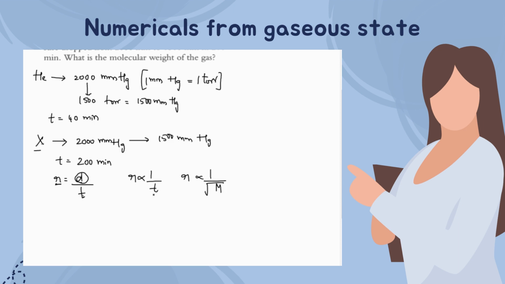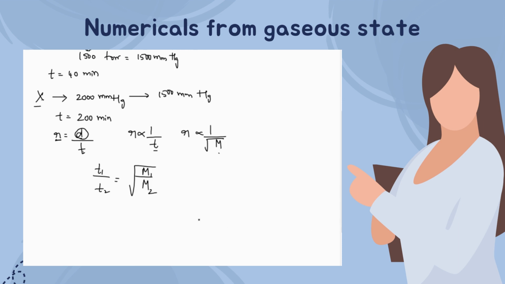So by relating t and M, we can draw a relation which is t1 by t2 is equal to root over M1 by M2. What is t1? Initial time taken by the helium gas is 40 minutes, and the time taken by the X gas is 200 minutes, which is equal to the square root of the mass of the first gas, helium.